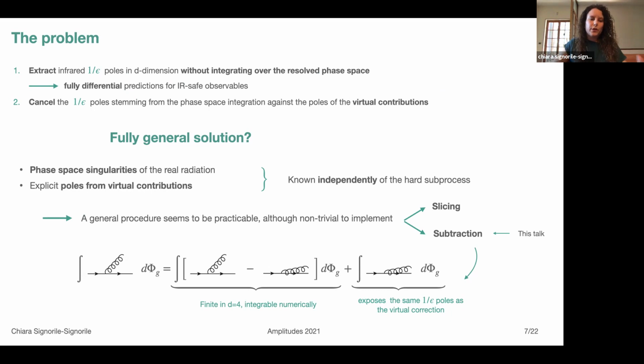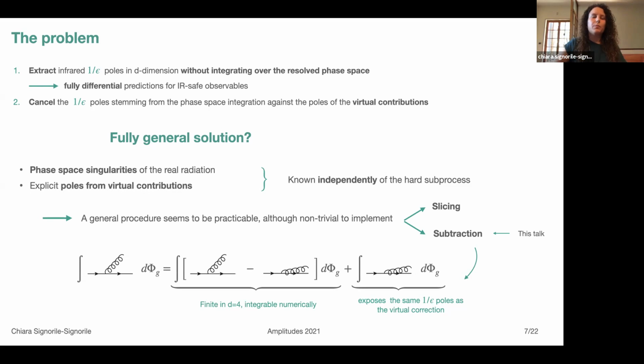So one of the main questions is the following. Can we complete this kind of wish list in full generality? In principle, there is some evidence that suggests the answer is yes. For example, phase space singularities, as well as the virtual corrections and especially their poles, are known independently of the hard subprocess.